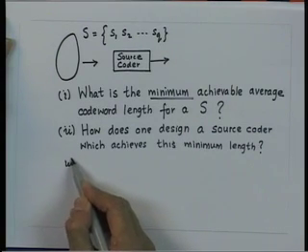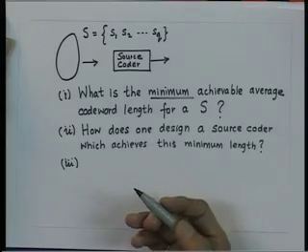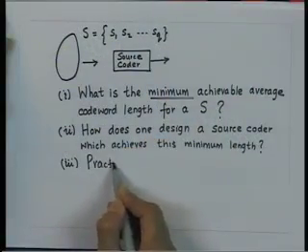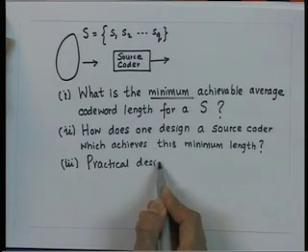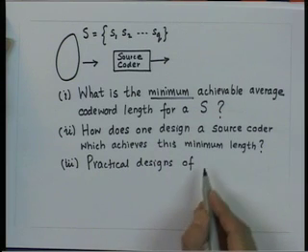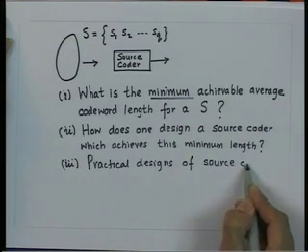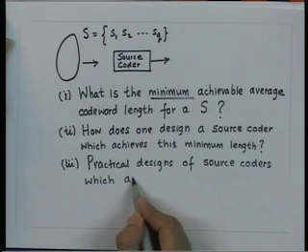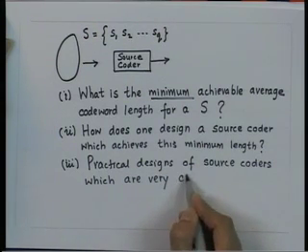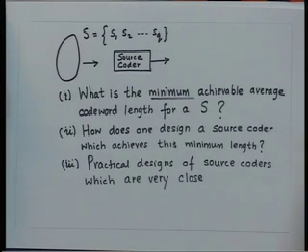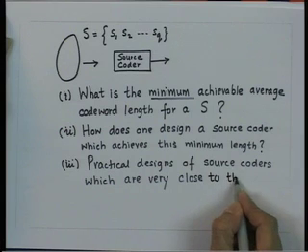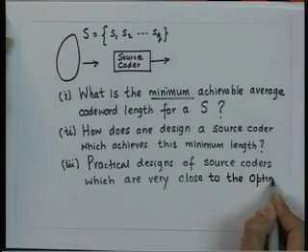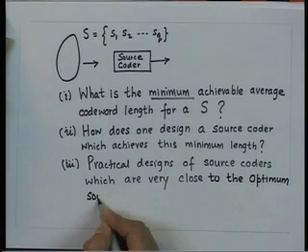So, for those sources where it is not possible to achieve the optimum source code design, we should look for strategies to develop practical designs of source coders which come very close to the optimum source coder.